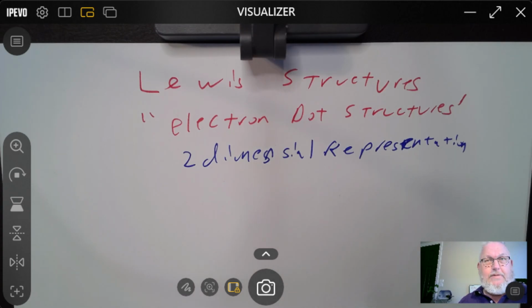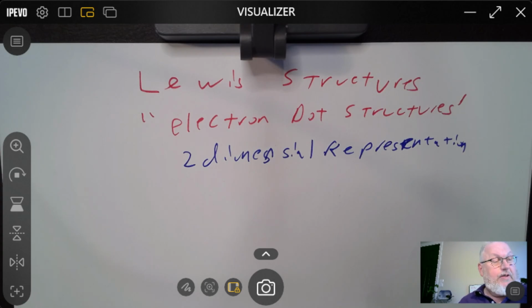All right. So if we're talking about carbon disulfide, CS2, then the first one would be the carbon. So that would be the first atom we're dealing with, right?